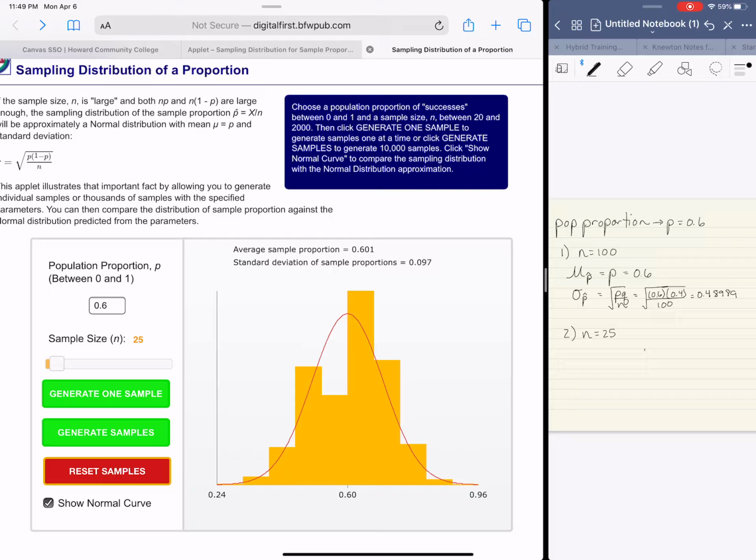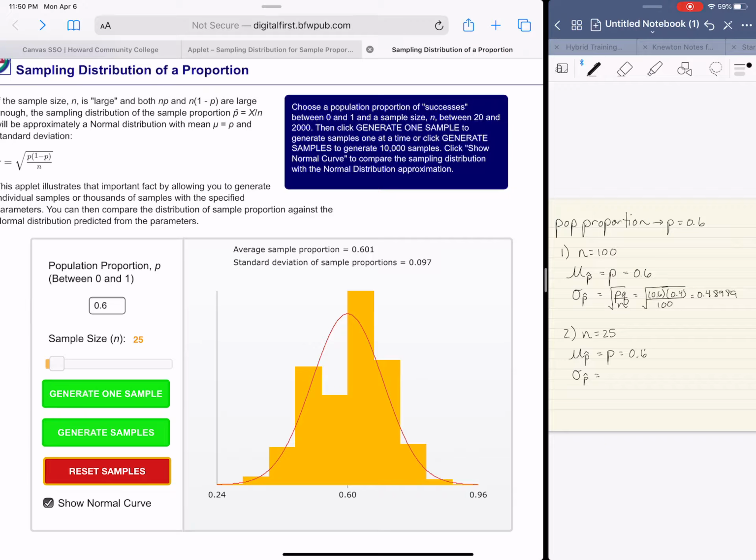And I'm going to go back to my notation here. The mean of all these sample proportions is the same as the population proportion, which is 0.6. This gave us 0.601, that's okay. But notice that the standard deviation is different. So the standard deviation in this case is 0.097.